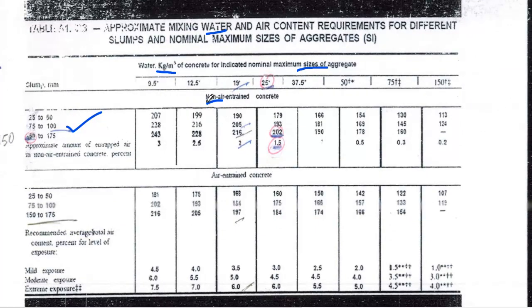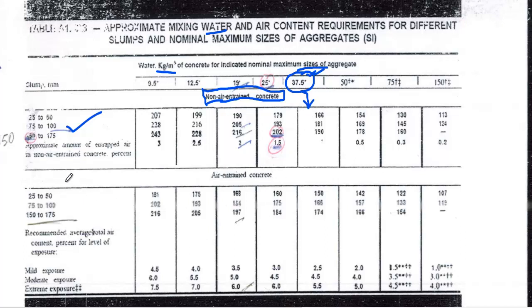First of all, since it is not in the extreme condition, we will consider non-air entrained concrete. So this is the first one we'll select. Then we'll select the maximum diameter of the coarse aggregate. How much? 37.5. You remember that? So for 37.5, this is the chart actually.